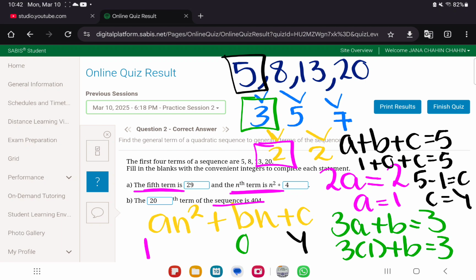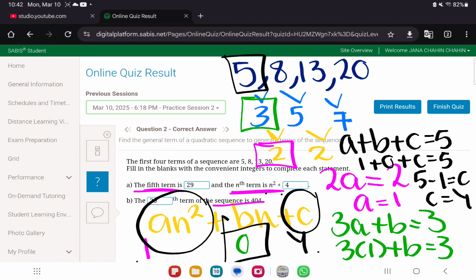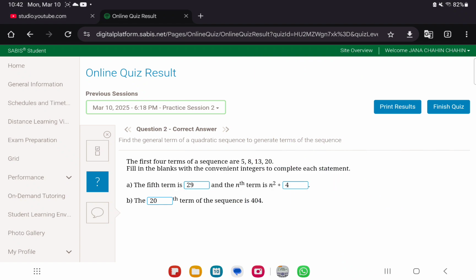Now, they told you n squared plus 4, so we want the number beside the n squared and the number with no n. That means it's 1 and 4, and b is 0. So even if they wanted that value, it's 0, so it doesn't matter. Our rule is n squared plus 4.